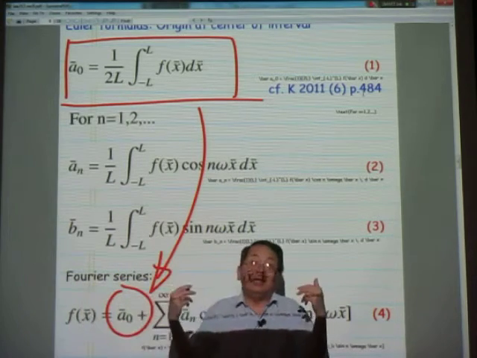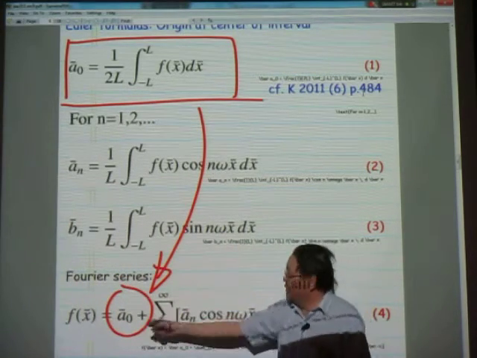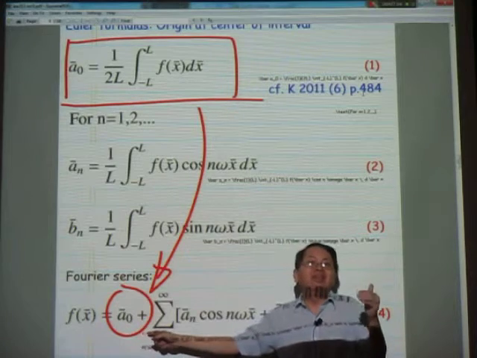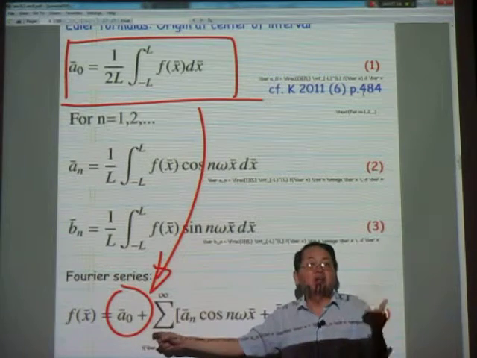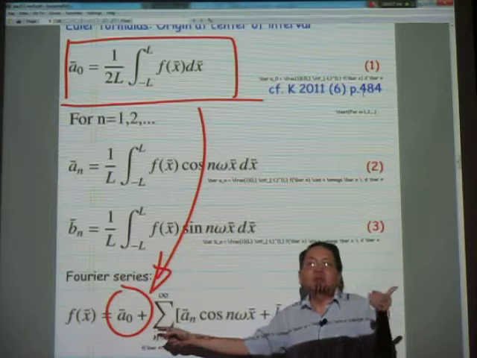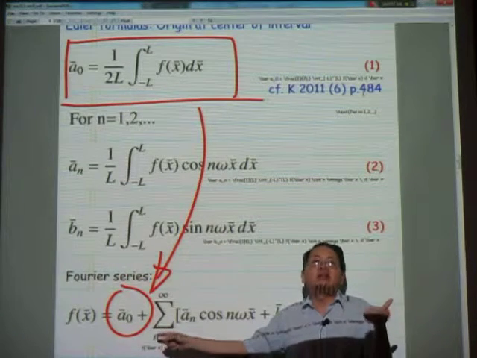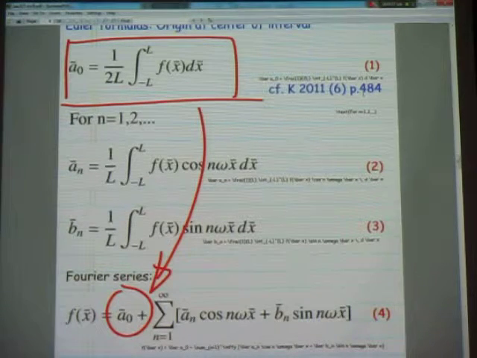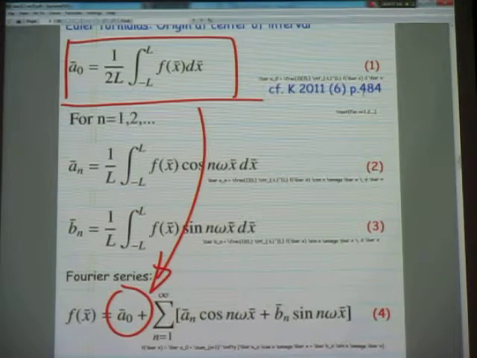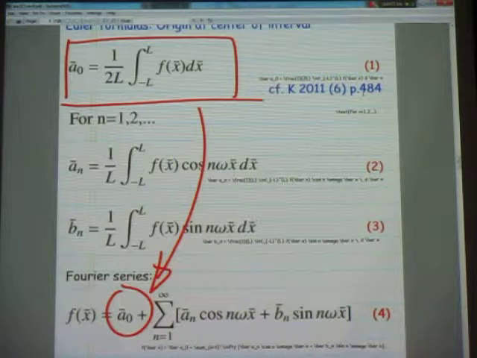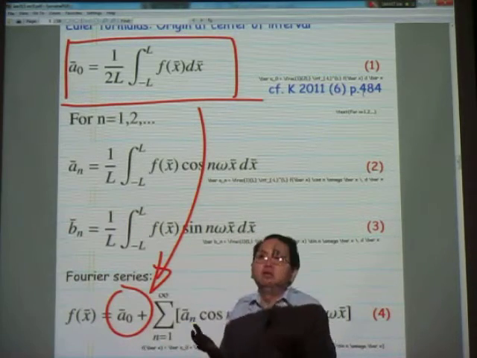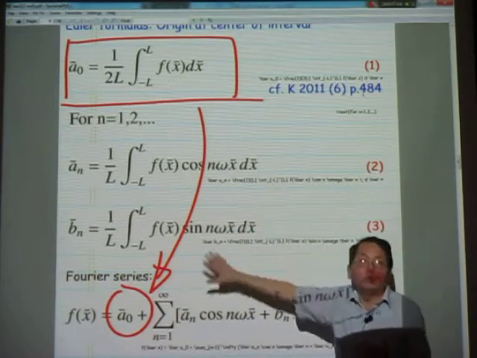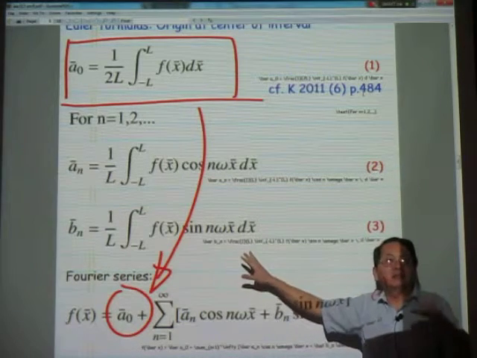In electrical engineering, this constant function is called the DC component, the direct current component. Electrical engineers use a lot of Fourier series because they deal a lot with periodic signals, electricity and things like that. So if you just want to apply formulas to find Fourier series, this is all you need to know. This is the basic starting point.